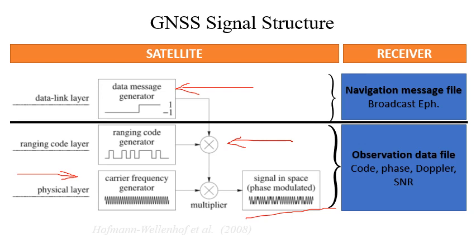So these 3 layers are demodulated again by the receiver. Each receiver has its own data structure, which means that from receiver vendor A to receiver vendor B, for example, the registration of the signals is different.